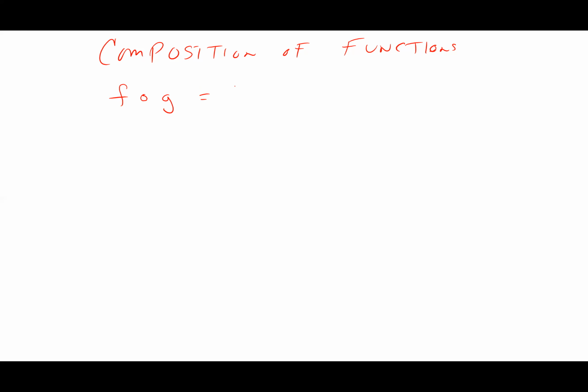We can write it with the variable in mind, f of g of x, and we can write what it really means as far as an operation is concerned. We're writing the f function, then the g function, so the g function is called inside the f function. It's nestled in there. Think of it like an onion: f is the outside layer, g is the inside layer. So we want to be able to compose these things.